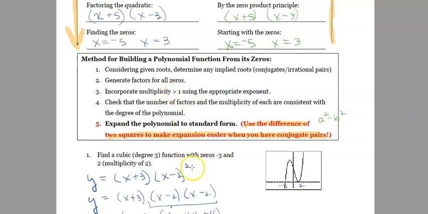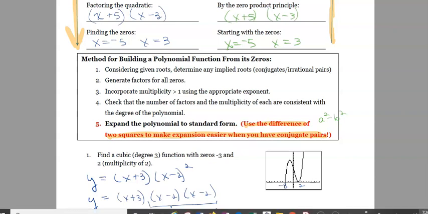That means that maybe you're going to square something. Check that the number of factors and the multiplicity of each are consistent with the degree of the polynomial. Expand the polynomial to standard form, and whenever you have any kind of irrational roots or imaginary roots, you are going to use the difference of two squares to make expansion easier every single time.